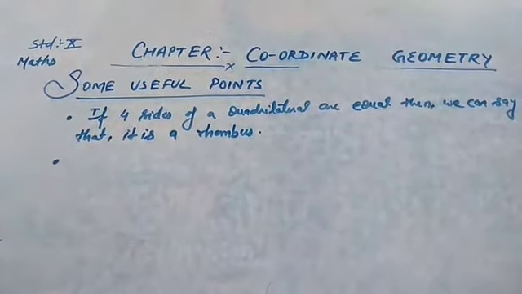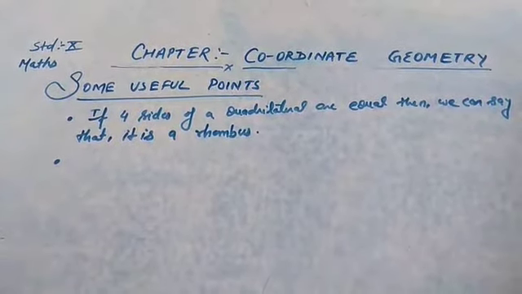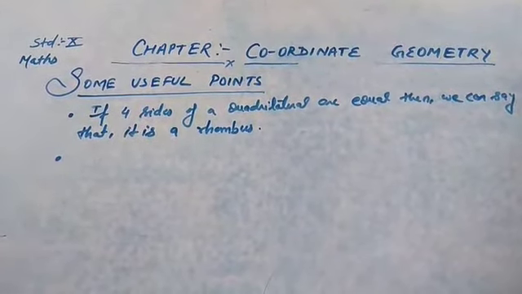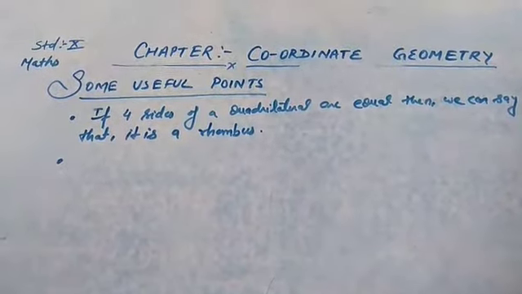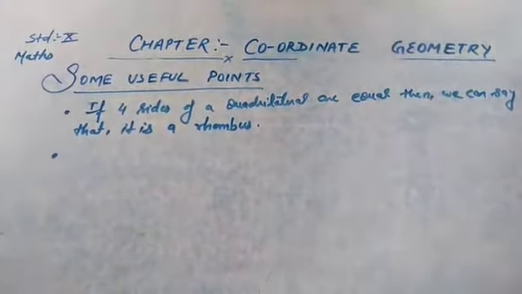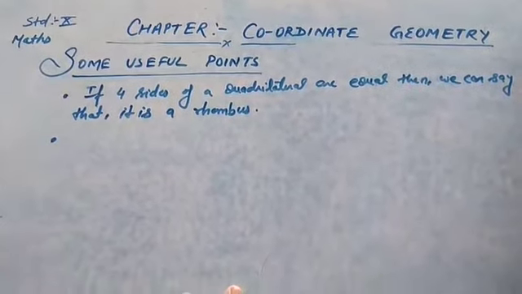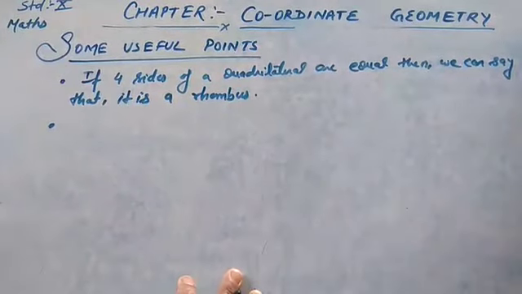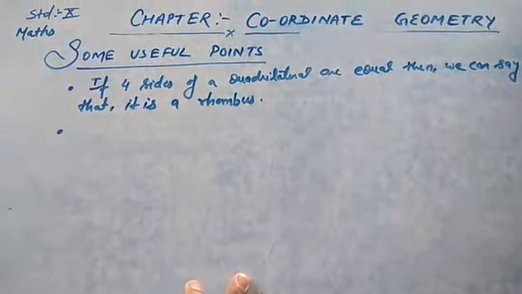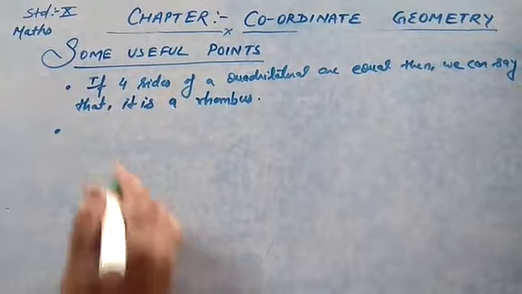Now, if we need to prove that the given quadrilateral is a square or not, then with the help of the property that when a rhombus has equal diagonals, then it will be a square. So, we have to prove that its four sides are equal, and with that its two diagonals are also equal.